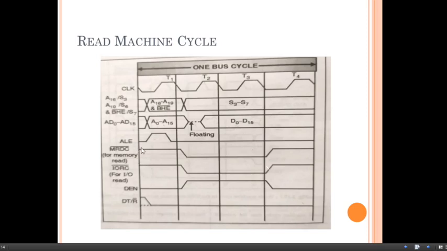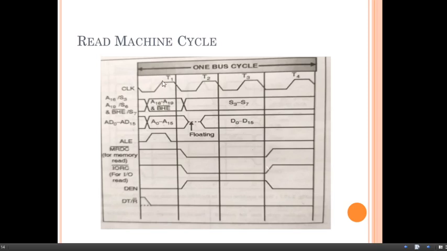So here now we'll see the read machine cycle. For memory operation, the memory command should be low, and for IO operation, IO command should be low. But initially in T1 clock cycle, this memory read command and IO read commands are disabled. Here these are having high values. At the T1, ALE is made high, so it will indicate the presence of address on the address bus.